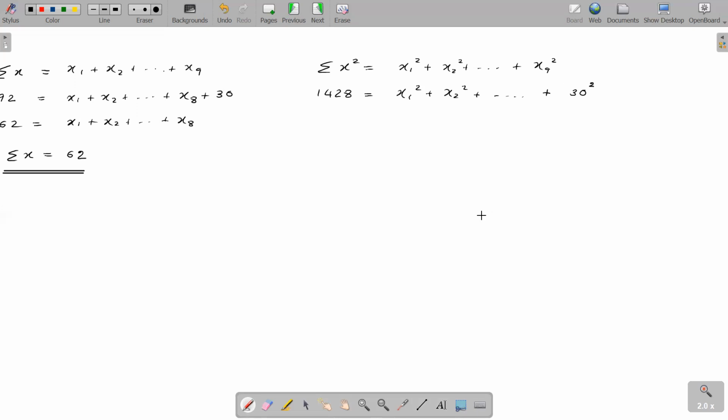So then 30 square, you subtract 30 square from the total. Then I'm remaining with the sum of the squares of the ages of the 8 children. How much is it? 1428 minus 30 square, so 528. This is the new sigma x square. Remember, the new sigma x square is for 8 data values, not for 9 data values. Are you with me?